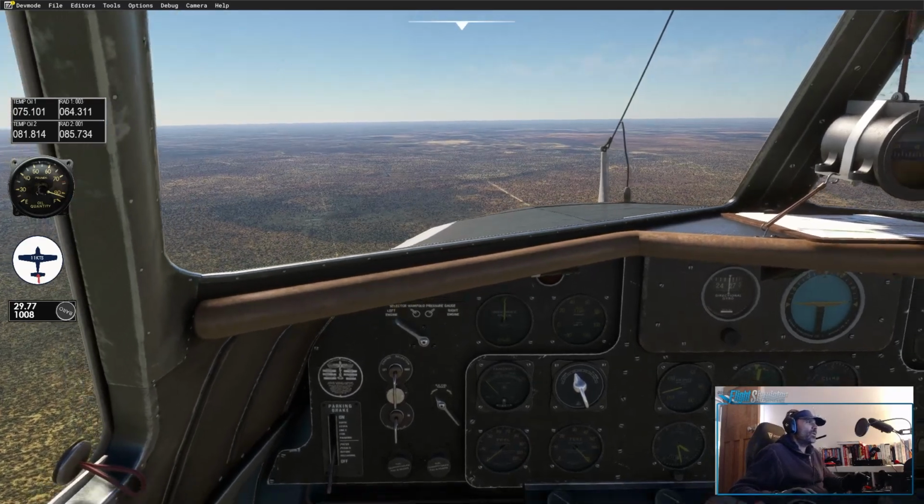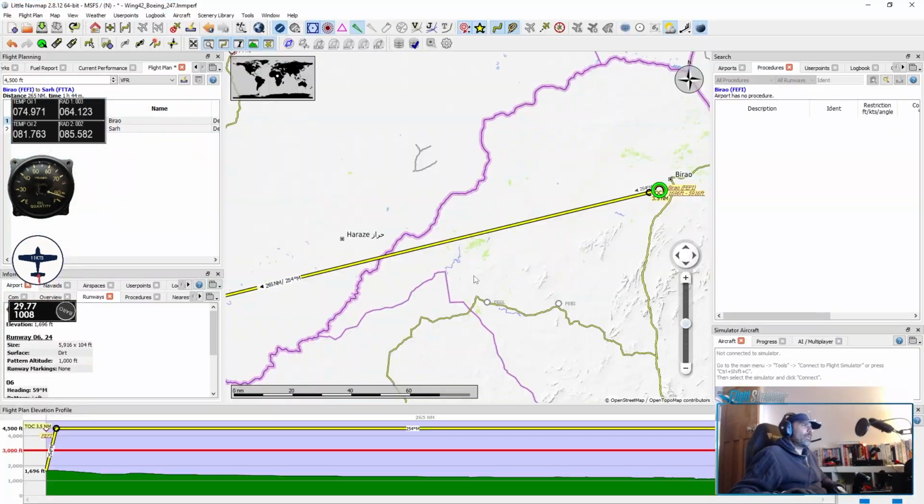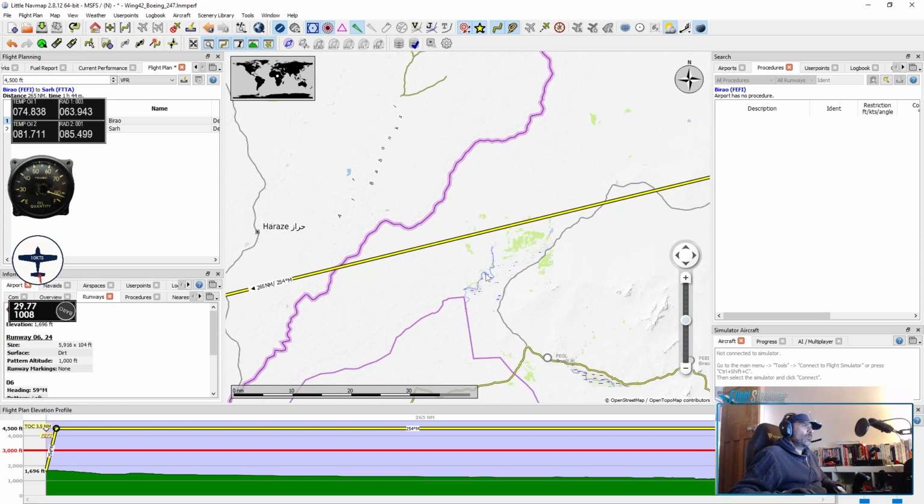We are reaching here a set of rivers, maybe this area.